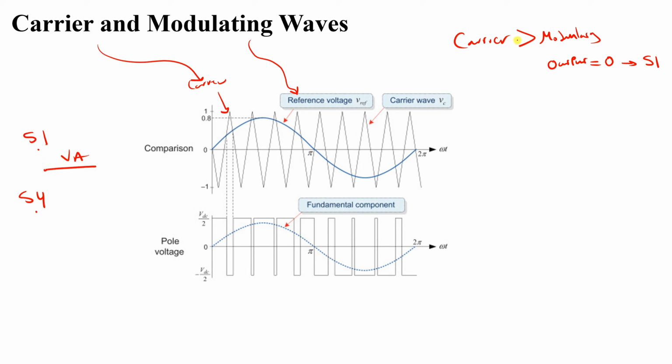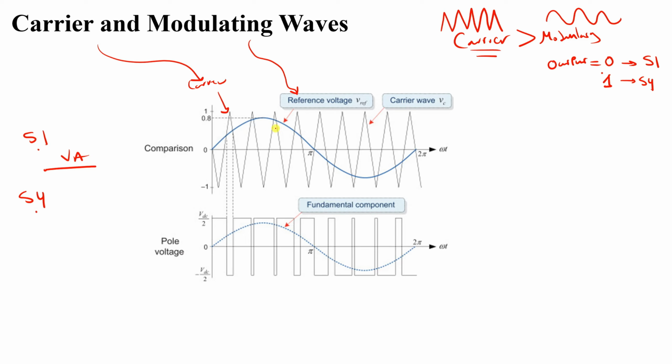If the carrier signal has a magnitude greater than the modulating, then the output will be equal to 0, which means S4 will be on. So the upper switch will be off and the lower switch will be on.